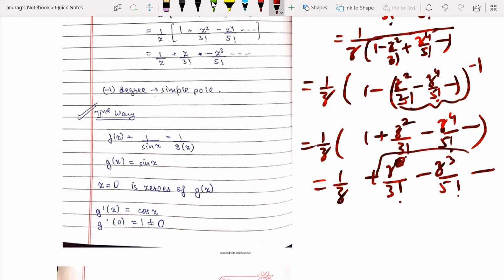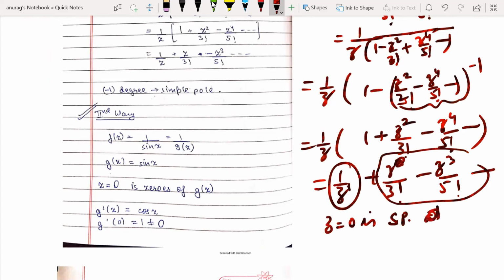So all the powers are positive except this term, and so z equal to 0 is a simple pole because the degree is 1. Simple pole. Now, second way.